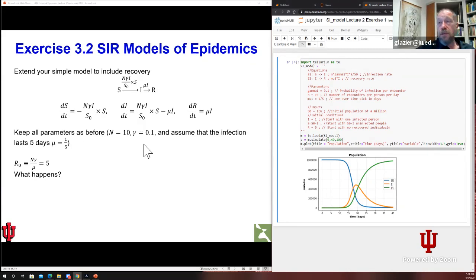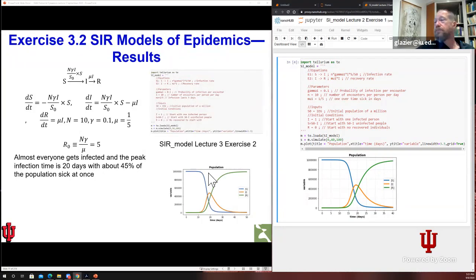So what happens? Well, for R naught equals 5, what can I say about this? If I look at short times, this doesn't look very different from an SI model. And it makes sense it wouldn't look different from an SI model because there are no recovereds involved. All I have are susceptible and infected individuals.